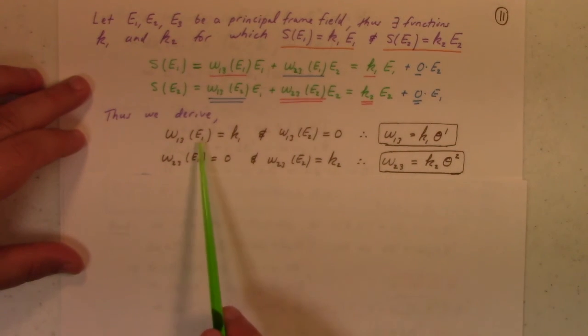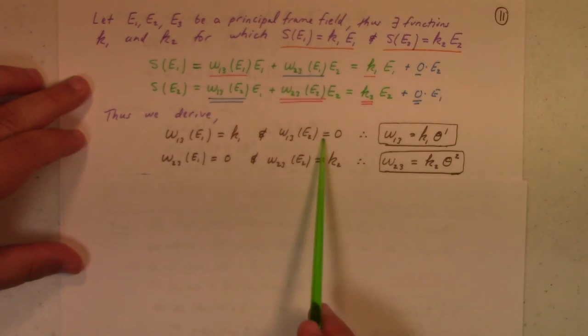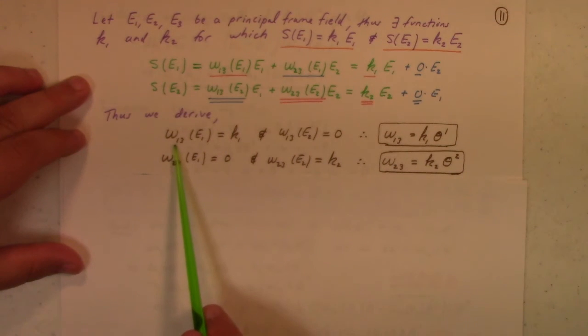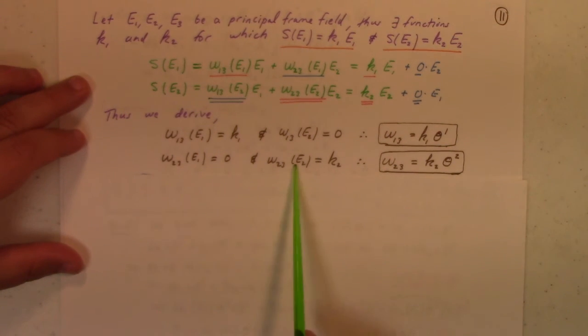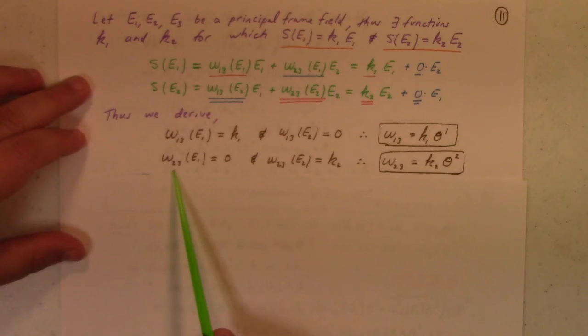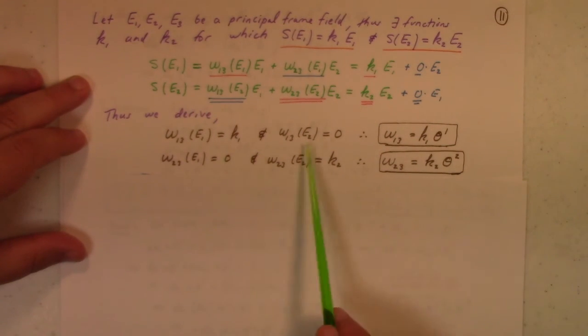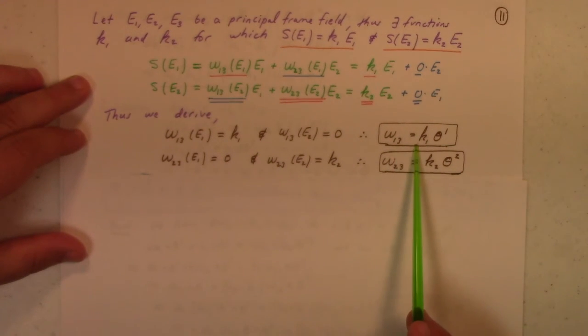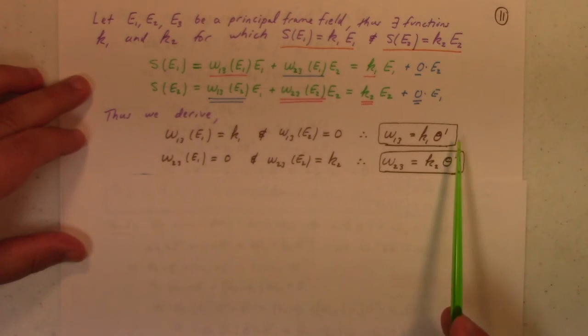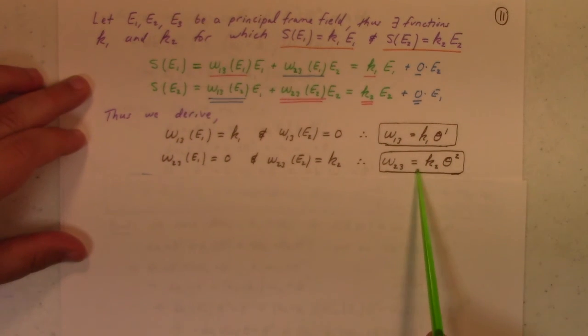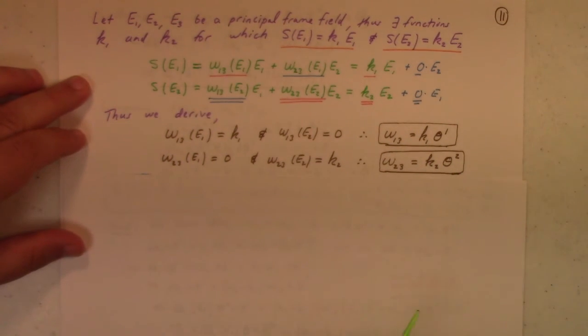But since these are the 1 and 2 components of the 1-form omega 1 3, and the 1 and 2 components of the 1-form omega 2 3, we can read from these four conditions simply that omega 1 3 is k1 times the first dual form, and omega 2 3 is k2 times the second dual form, the second coframe.